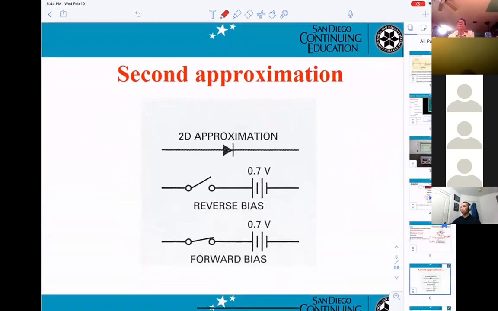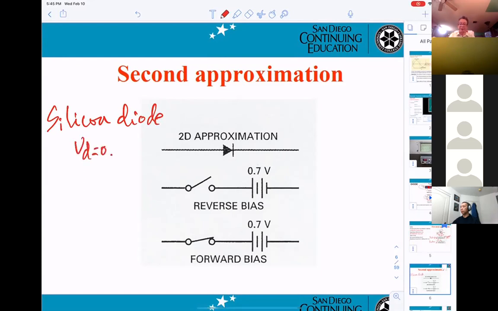Now, second approximation. That means practical diode. VD for silicon diode, that means a diode made from silicon, VD is 0.7 volt.